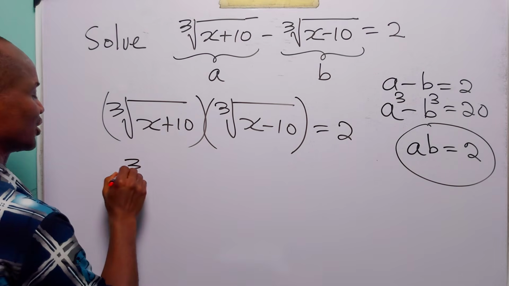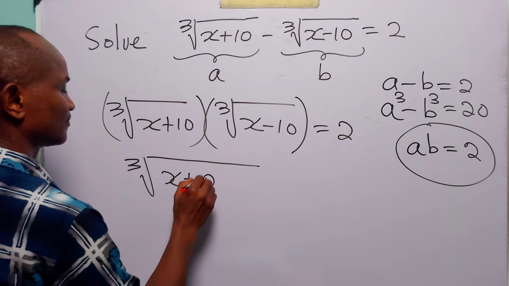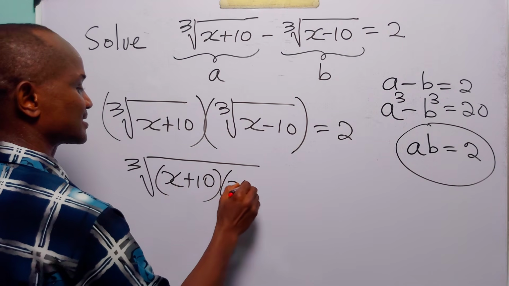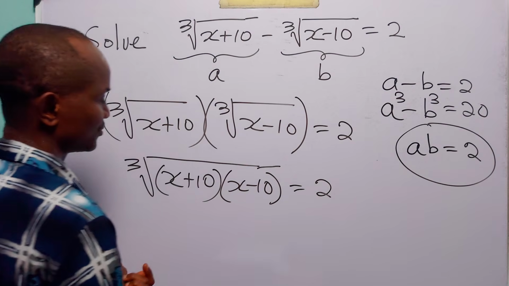Combining these two, we have the cube root of x plus 10 times x minus 10. This is equal to 2.